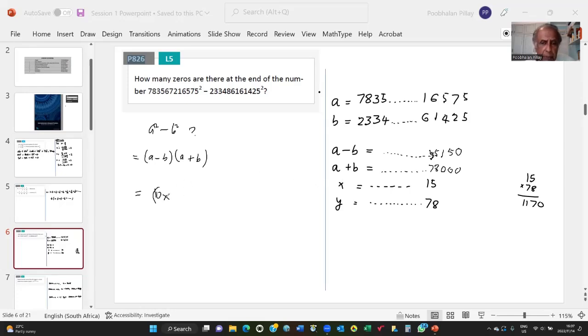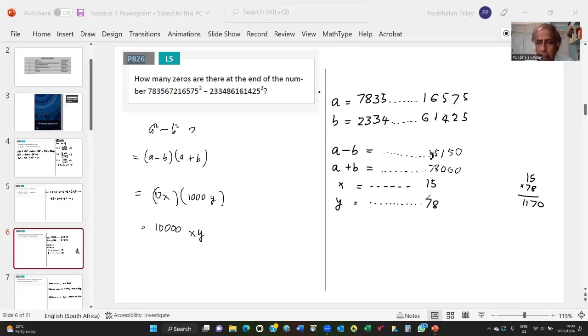Then you multiply this by A plus B, and A plus B is 1,000 times something that ends in 78, and I'm calling that y. When you multiply these two things, you get 10 times 1,000, which is already 10,000, times x times y.